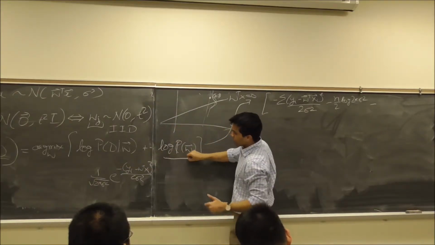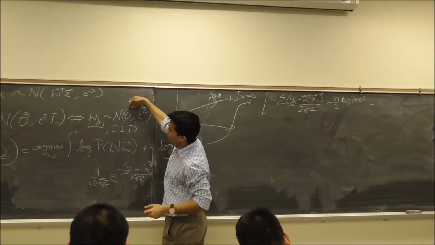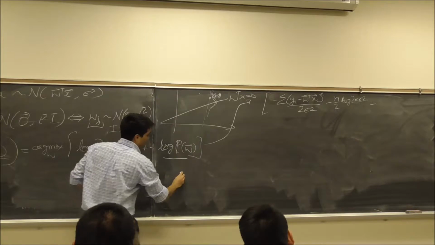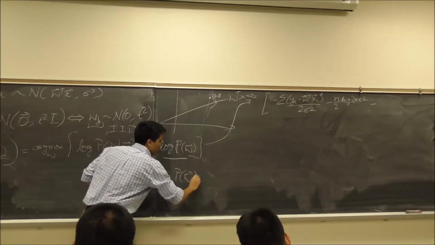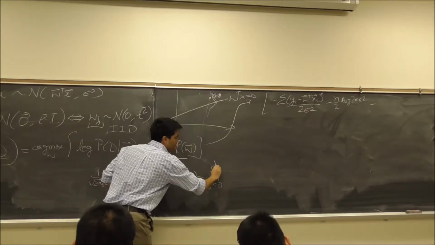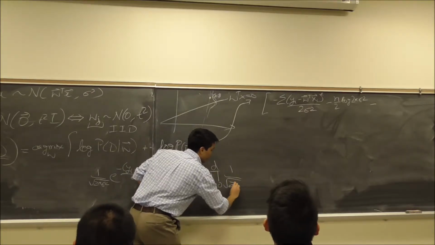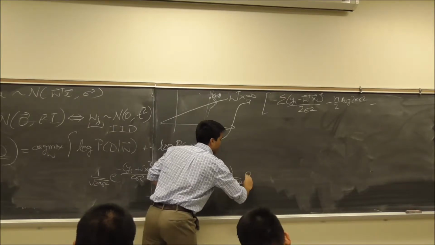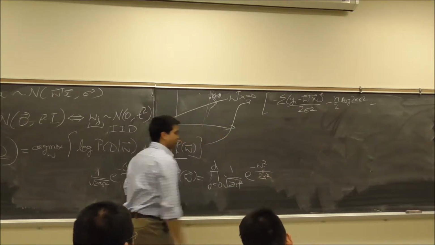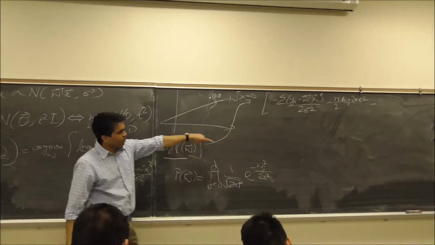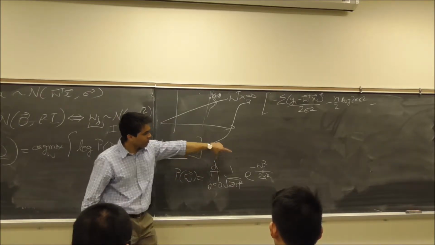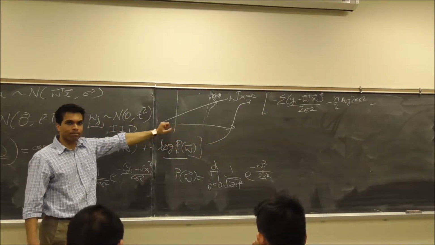The second term is just another Gaussian. So the probability of W is equal to the product from j equals 0 to d of 1 over root 2 pi p squared e to the negative wj squared by 2 p squared. That's just the definition: they are IID Gaussians, and I'm multiplying them together because each of the coordinates is IID.